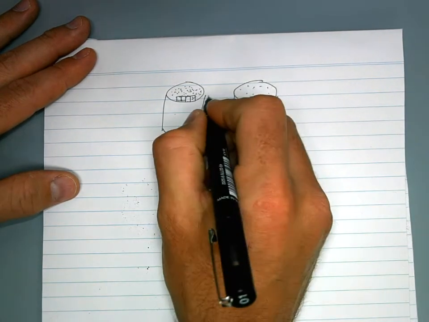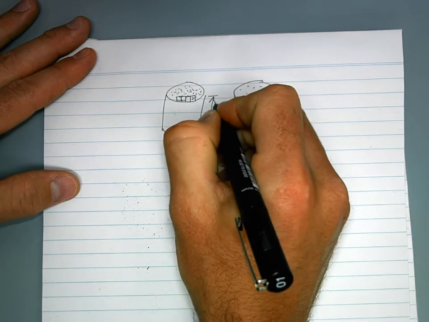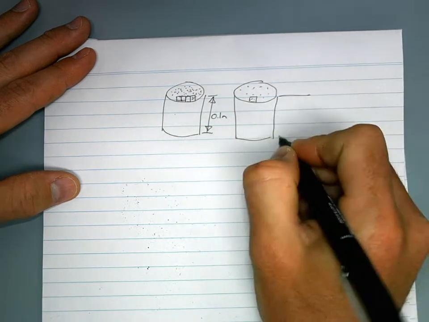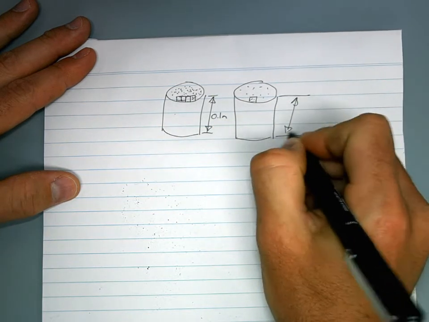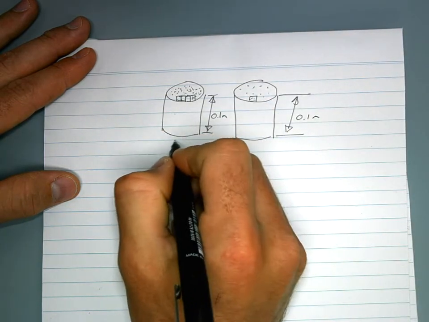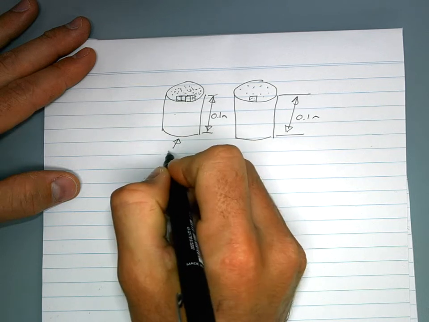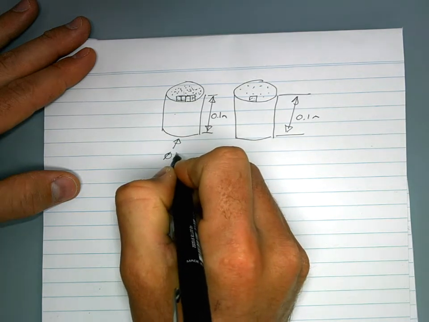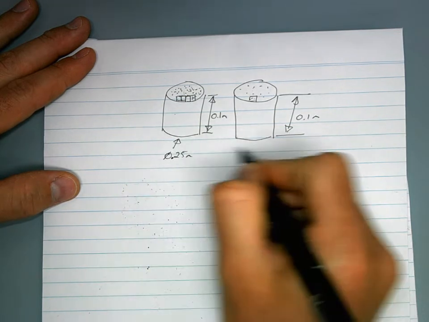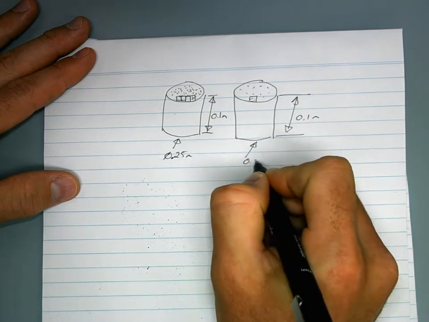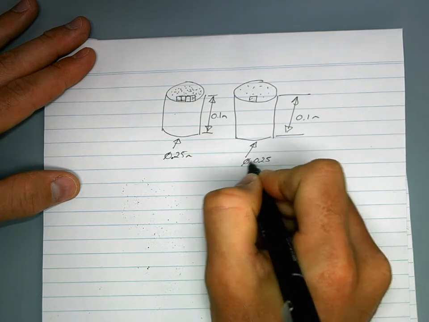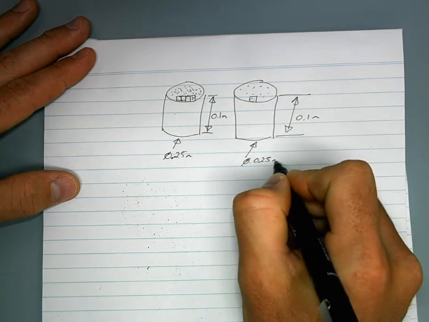So if this was a block, and this block here was, for example, 0.1 meters, and this one is also 0.1 meters, and let's say the diameter of that one is 25 millimeters, 0.25 meters, and this one here is also 0.25 meters.